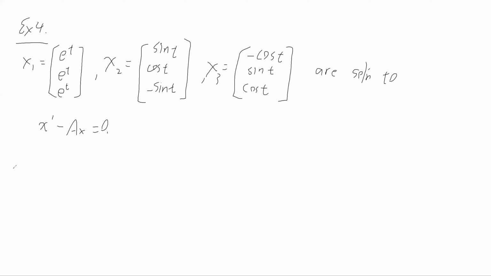So the Wronskian is going to be e to the t, e to the t, e to the t, sine t, cosine t, negative sine t. The Wronskian is going to be the determinant of this. Go ahead and pause the video if you want to try yourself, or I'm just going to write out what the determinant is in a second.